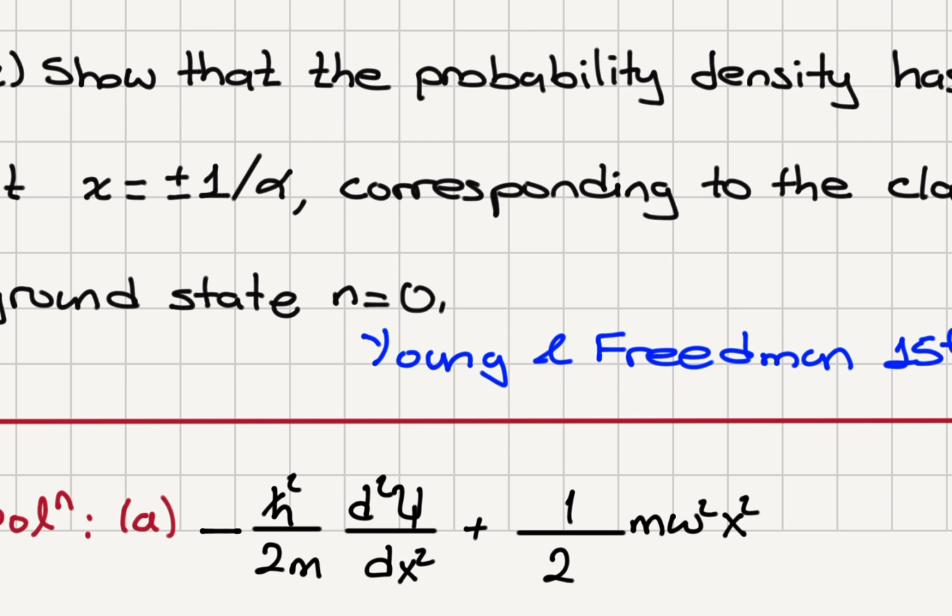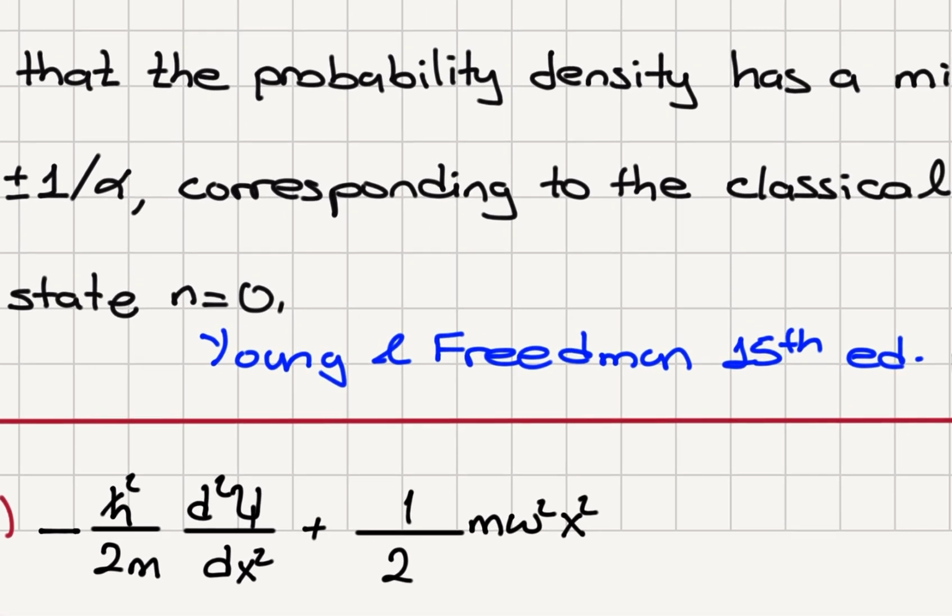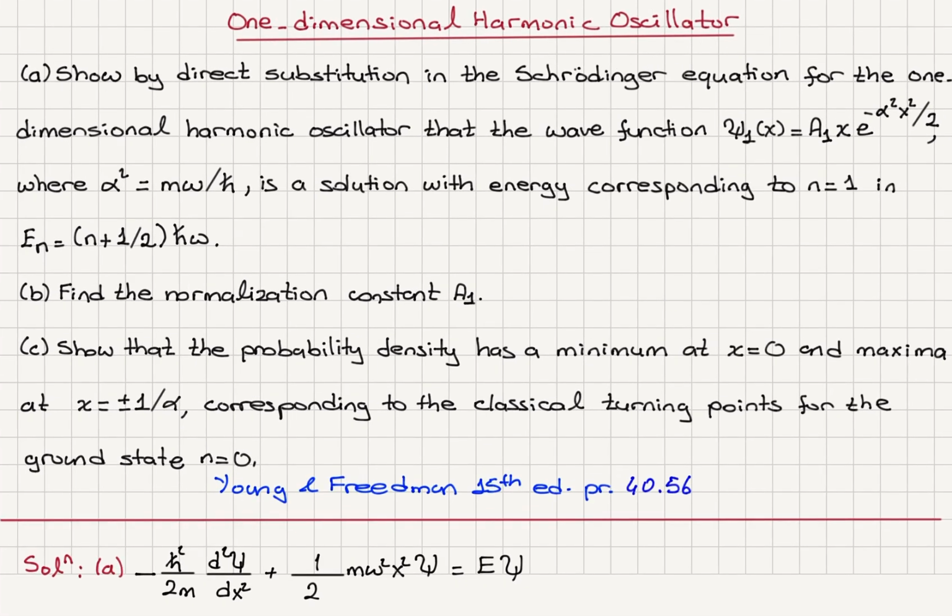This is basically 1 over 2 spring constant x squared. Psi is equal to energy times psi. So that's the Schrödinger equation that this wave function has to satisfy. You can see that I need the second derivative of this wave function.